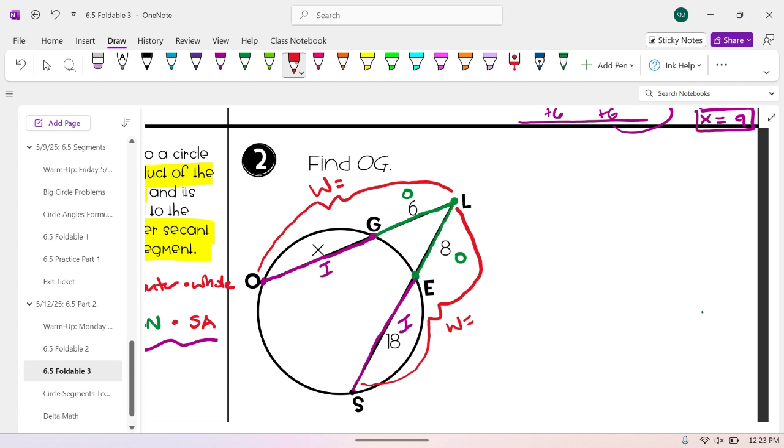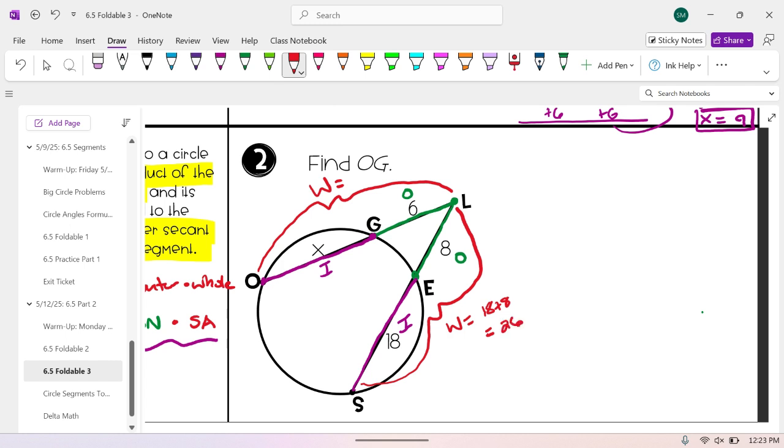What's the length of my whole segment? Come on, guys. I know it's Monday, but give me something. So you just add them together. If you have a whole segment cut into 2 pieces and you know the length of both pieces, you just add them together. So this is equal to 18 plus 8, which is 26.